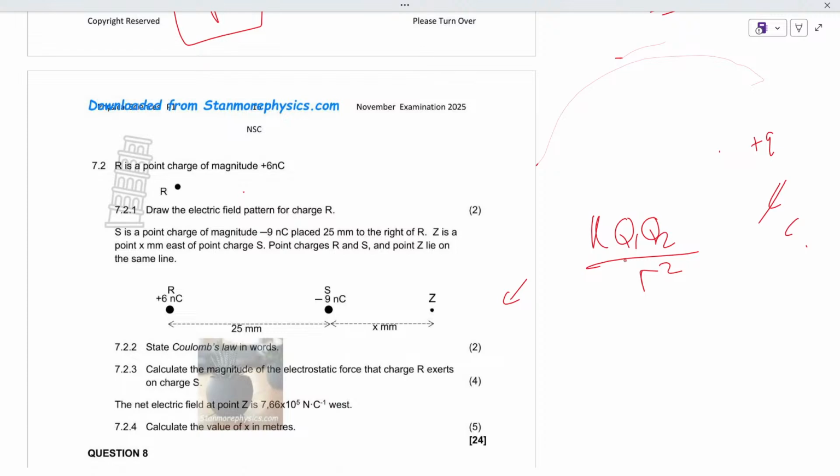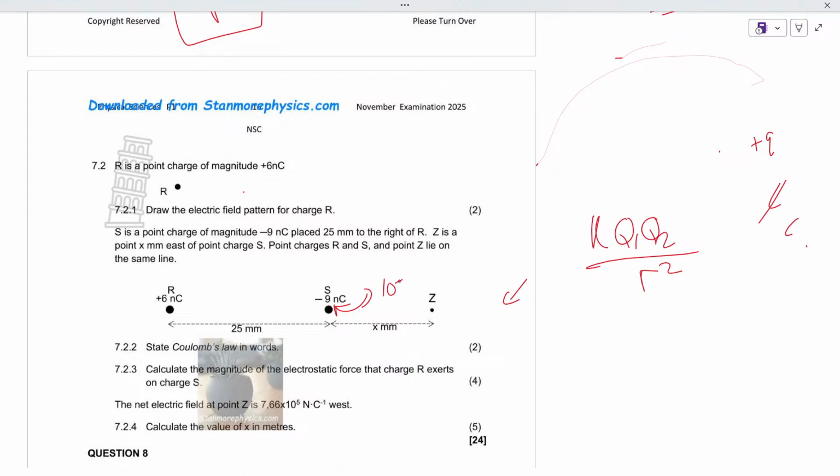We are given all the information, the charges and the length, so what we just have to do is calculate. Another thing is that we have to know what nano represents. What's the value of nano? It's 10 to the power of negative 9.